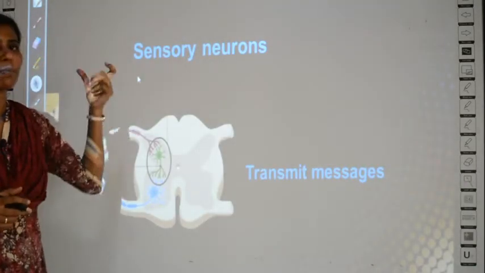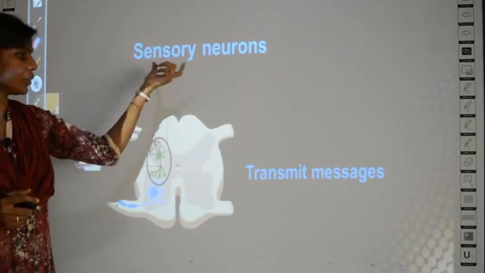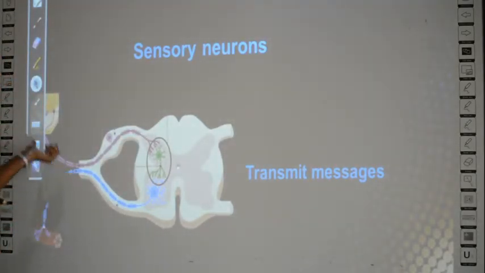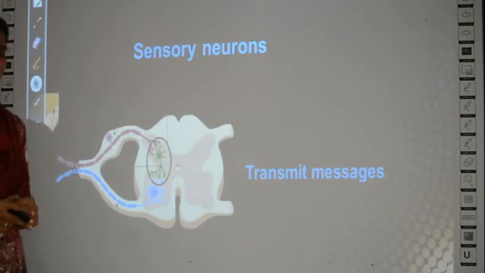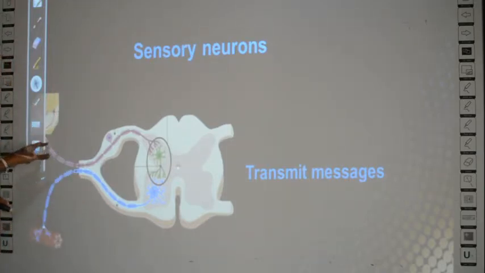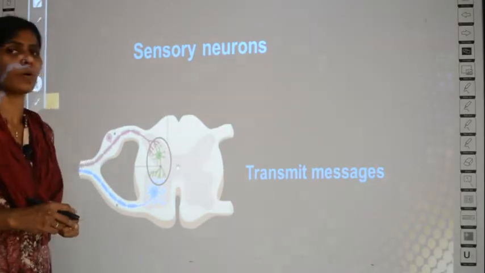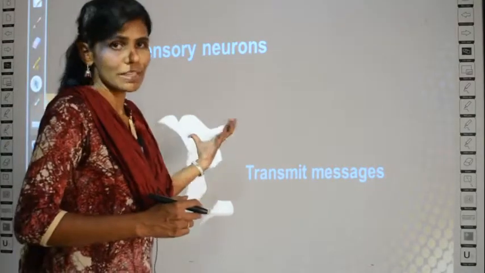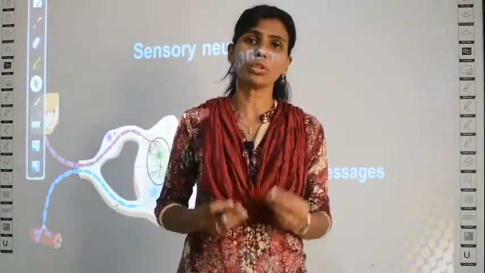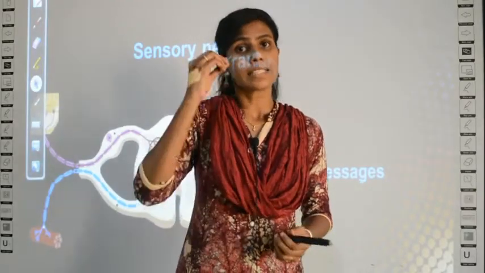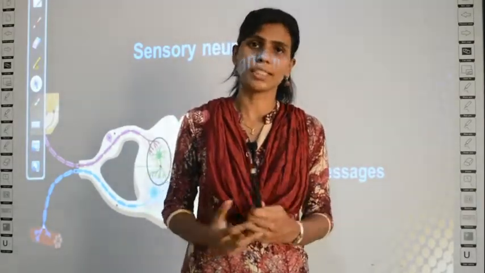So first we learn about the sensory neurons. Here in this picture I have shown you all the three types of neurons. Clear? This pink color structure, can you see? This pink neuron is the sensory neuron. Before specifying the functions of sensory neurons, do you know what the basic function of all neurons is? Neurons carry signals or messages from where to where.